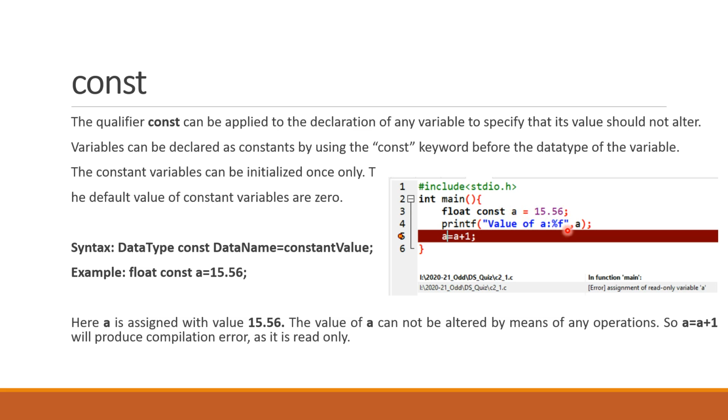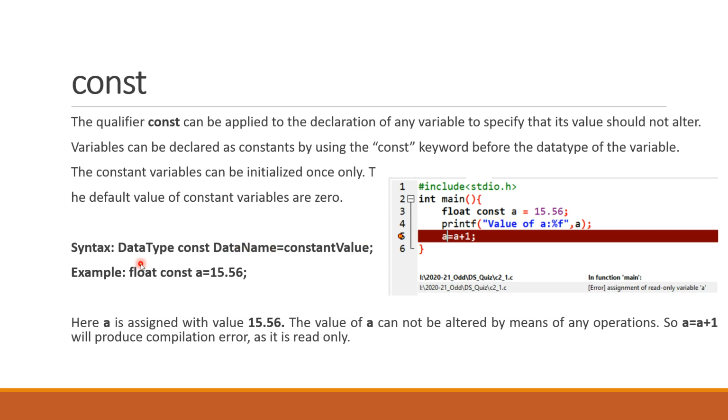I can print it. When I try to modify the value, A equal to A plus 1, and when you run that program, you will get the error message, read only variable A. Here you made that a constant, you cannot modify it. When you compile it, it gives an error message because A is read only, A is a constant.